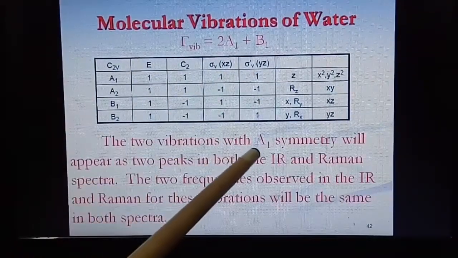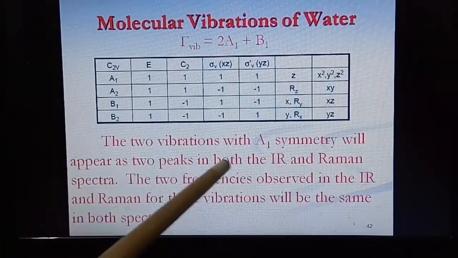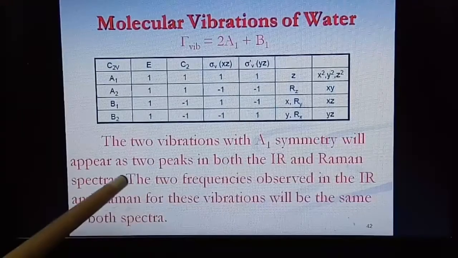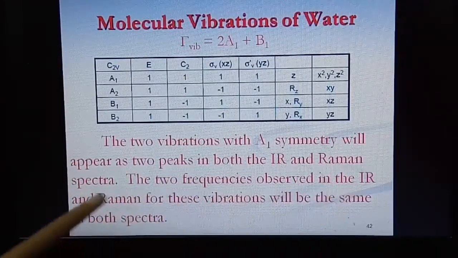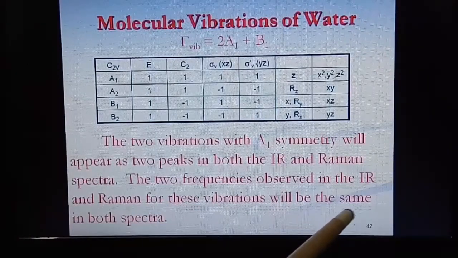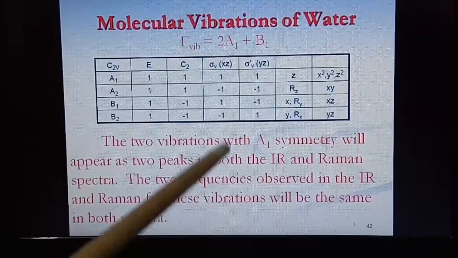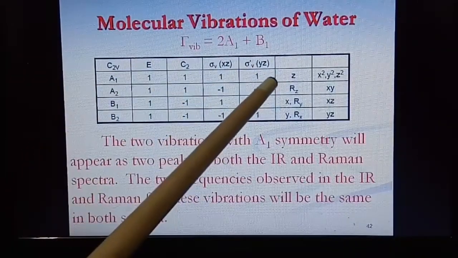The two vibrations with A1 symmetry will appear as two peaks in both the IR and Raman spectra. The two frequencies observed in the IR and Raman for these vibrations will be the same in both spectra. So in both spectra, A1 will be IR as well as Raman active.